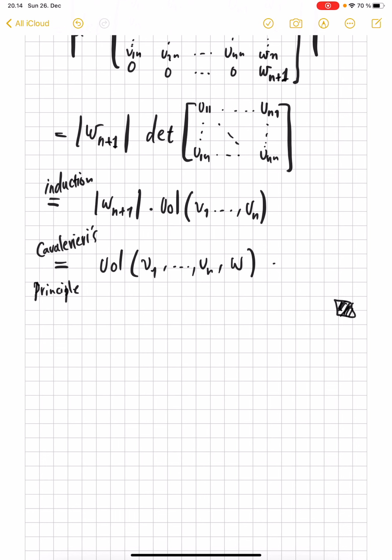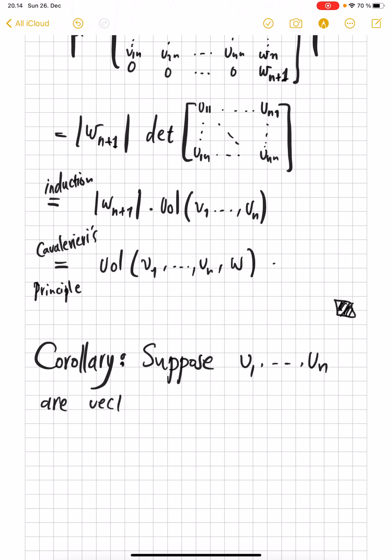determine comes from taking the determinant of a matrix with columns that are exactly those vectors. Now, how does this move us toward proving the main theorem about linear maps into larger space? The link is the following corollary. Suppose v1, ..., vn are vectors inside R^m, a bigger Euclidean space.